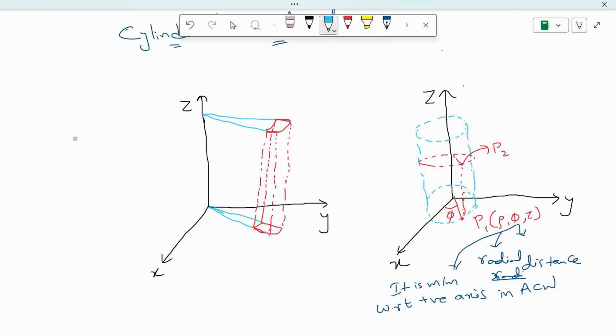When we are using cylindrical and spherical coordinates, it is important to know how differential length, differential surface, and differential volume are changing. Here we can see a volume in this red color. This is a differential volume in cylindrical coordinates, this red portion.